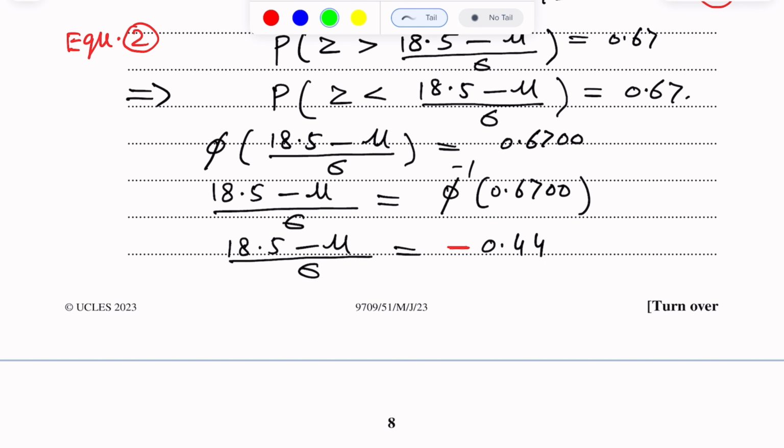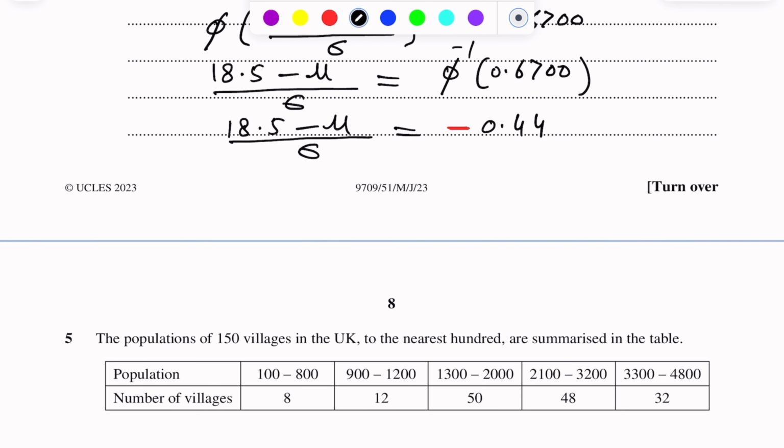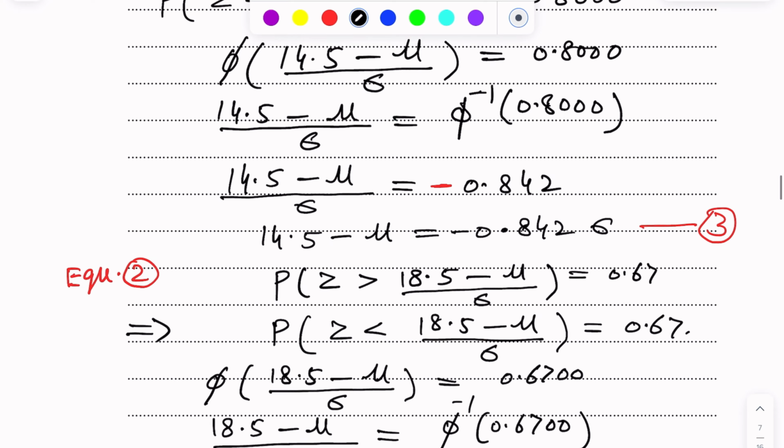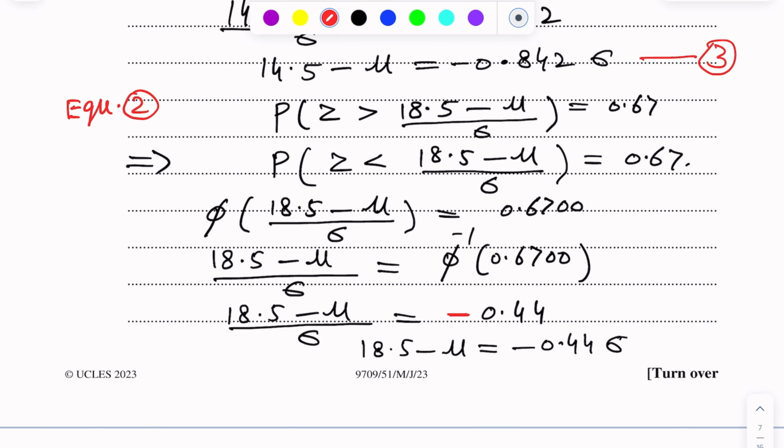Now rearranging this equation, we get 18.5 minus mu is equal to minus 0.44 sigma. Let's say this is equation number 4.